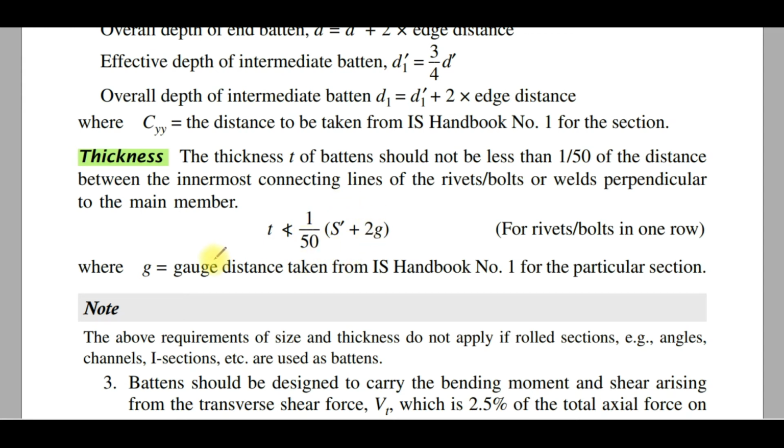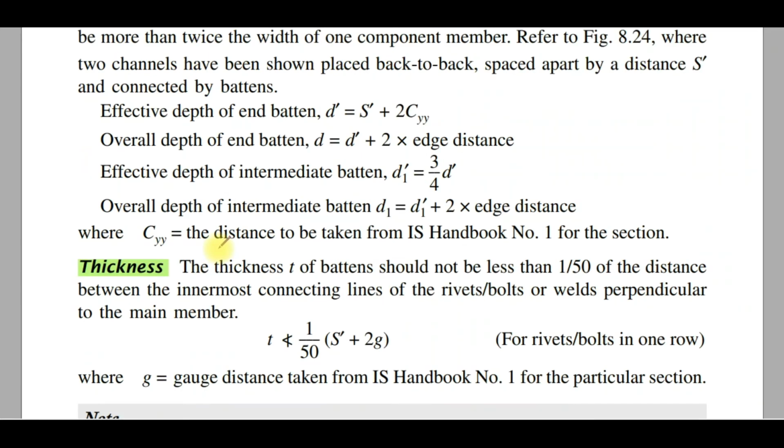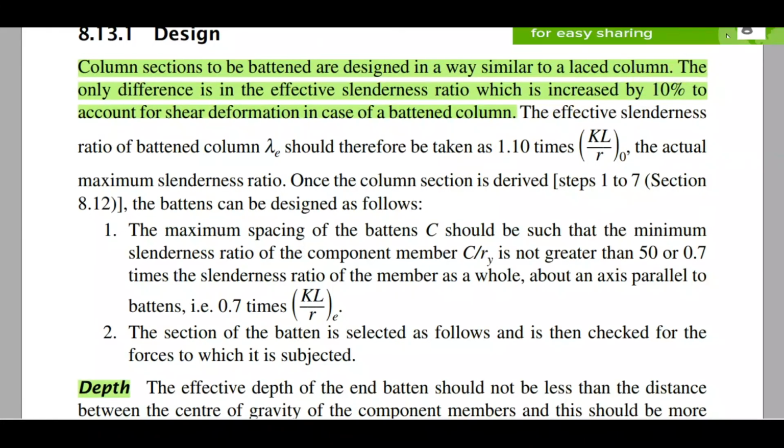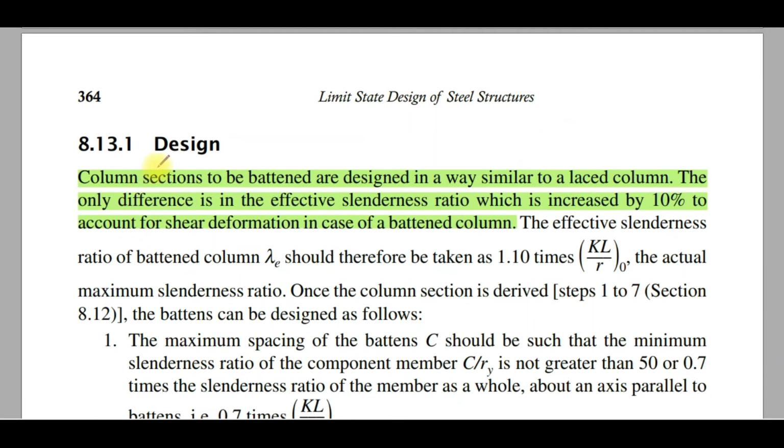Another point you should know, this is not required for the lacing design, but you should know if you want to design the batten system. In case of lacing design, we have calculated the slenderness ratio of the overall column by increasing it by 5%. So in case of the lacing system, the overall slenderness ratio is equal to 1.05 times the slenderness ratio.